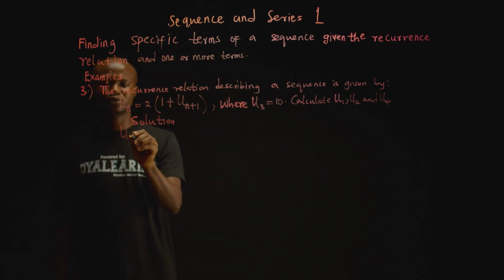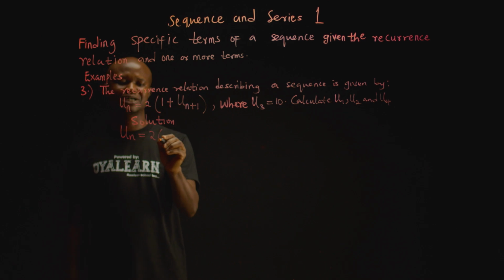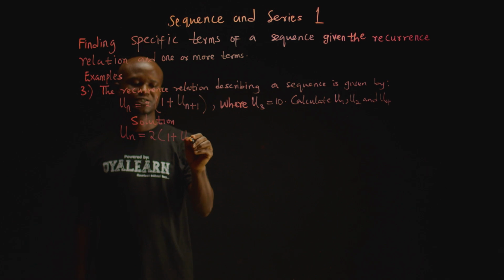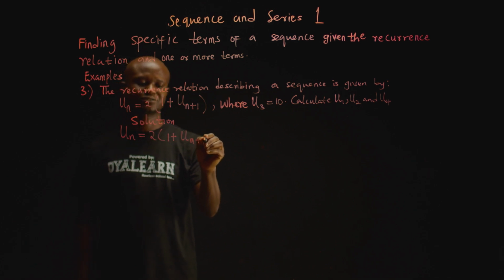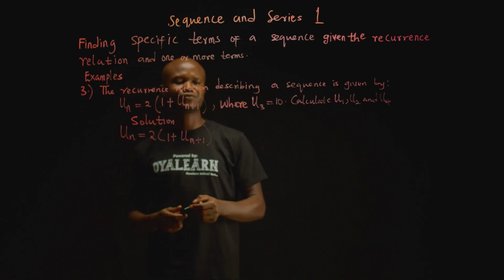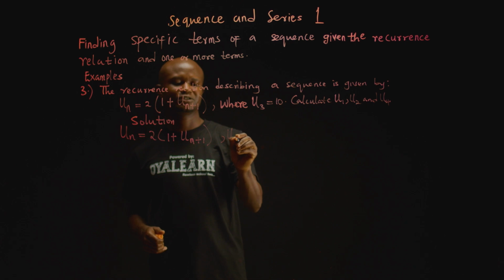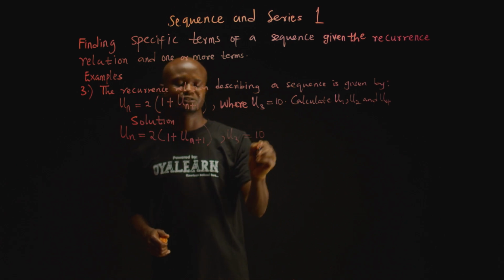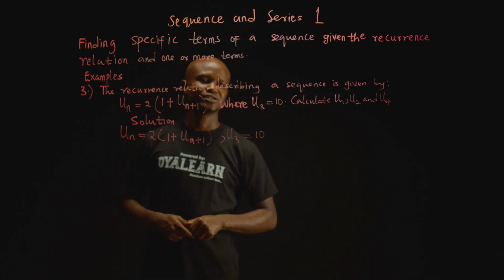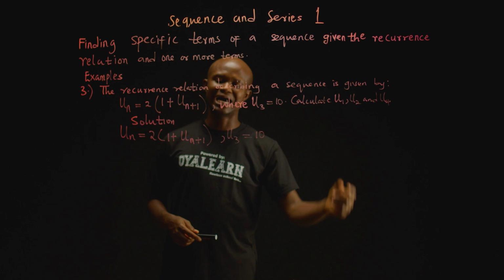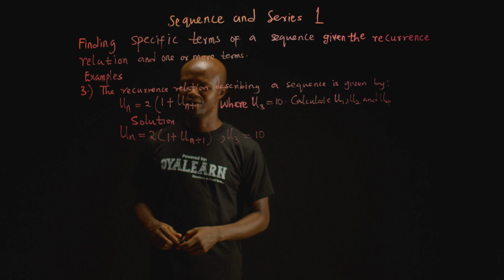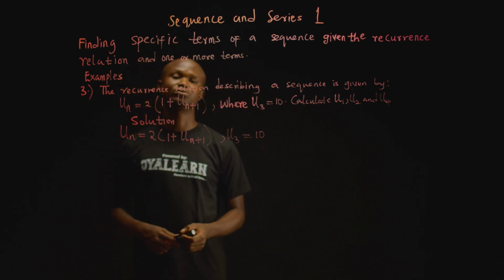Now, given u_n = 2(1 + u_{n+1}), what's the next thing to do? We are given u_3 to be equal to 10. In this case, for us to find u_1, u_2, and u_4, we can use u_3 to get our u_2 directly.